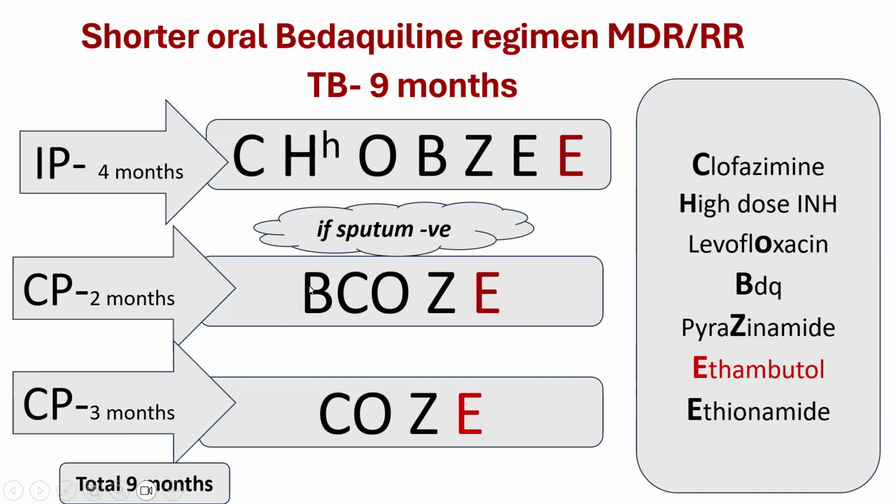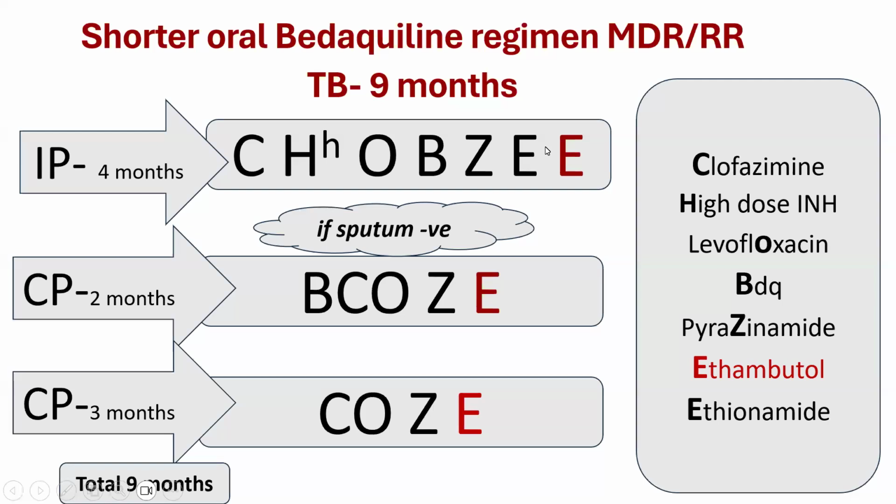Because bedaquiline we should not use for more than 6 months. There is more chance of QT prolongation, so more toxicity will be there. So in the intensive phase and continuation phase, for the first 2 months bedaquiline is used, and for the next 3 months bedaquiline is removed, only CLZE. So C for clofazimine, levofloxacin, pyrazinamide and ethambutol. Okay, so totally 9 months.